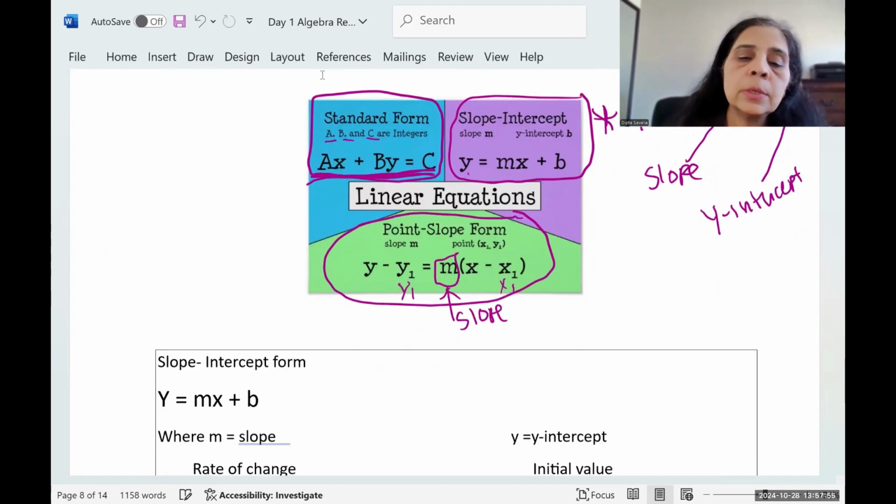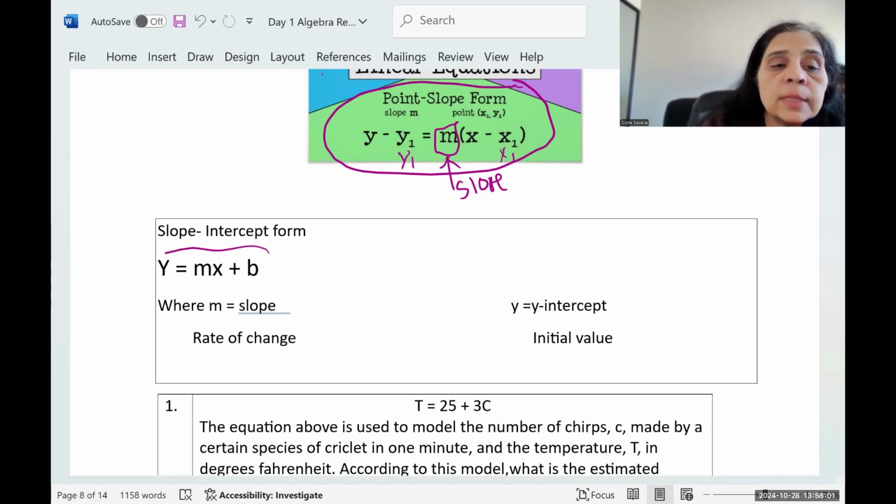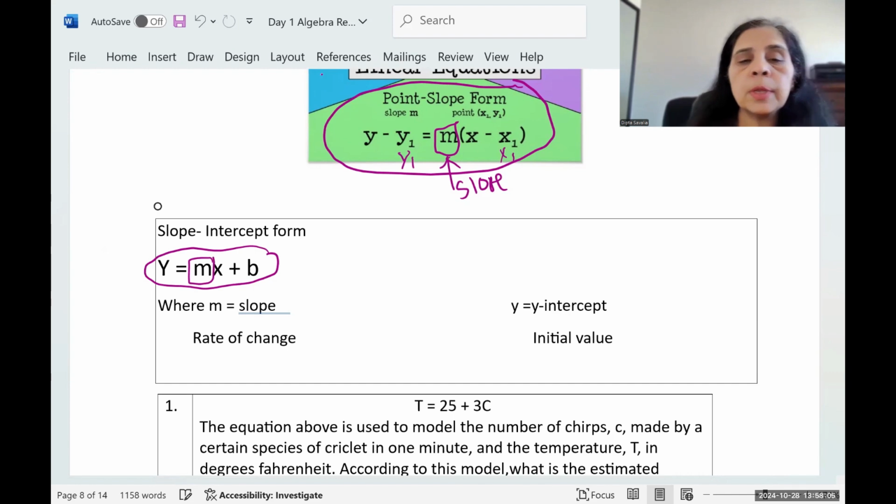All right. So whenever you need to do interpretation, if they give you an equation in slope-intercept form, recognize what your slope is. If they ask you for slope interpretation, that means if it's positive, it will increase per minute, if it's time, minute, second, hour, or any item, right?